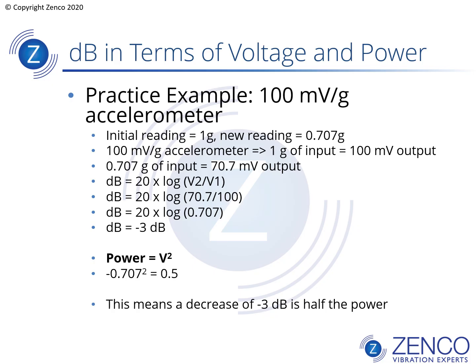V2 divided by V1 is 70.7 divided by 100. That comes out to be 0.707. So in your calculator, you would type in 0.707, hit the log button, hit times, hit 20, and you get minus 3 dB. So that change from 1 G to 0.707 Gs is a minus 3 dB change. And then we can look at the relation again to power. Power is voltage squared, so 0.707 squared is 0.5, and again, this is the half power point.